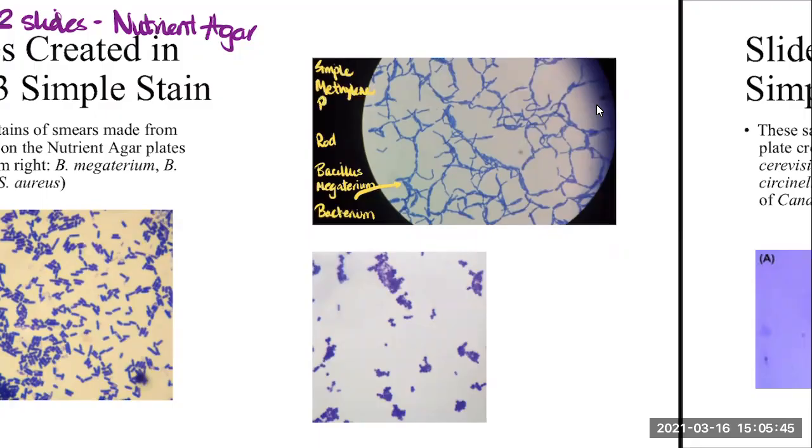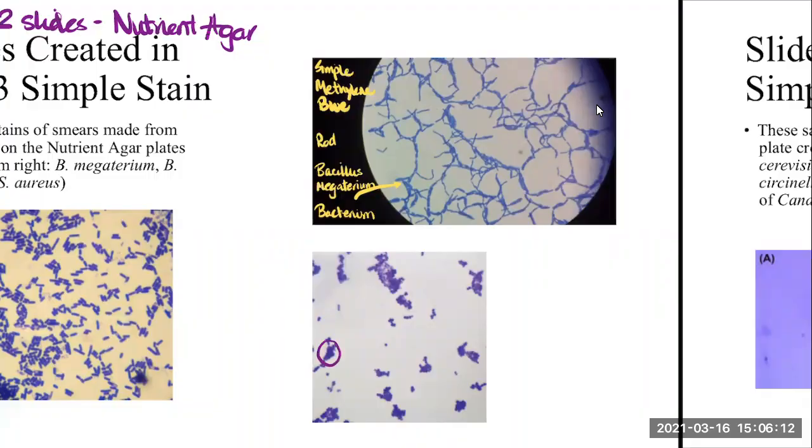That stain is not going to tell us whether it's gram positive or gram negative. All we really know is that it's a rod and a fairly long rod, because that's typical of Bacillus megaterium.